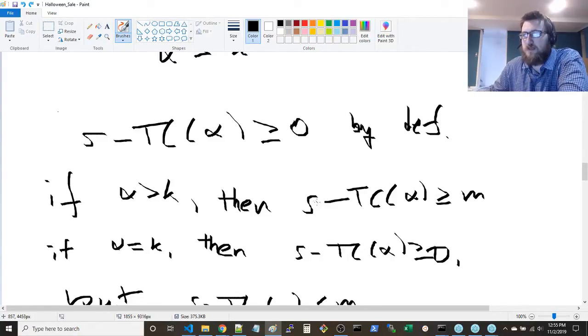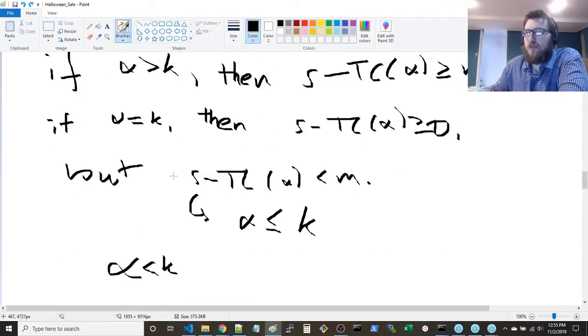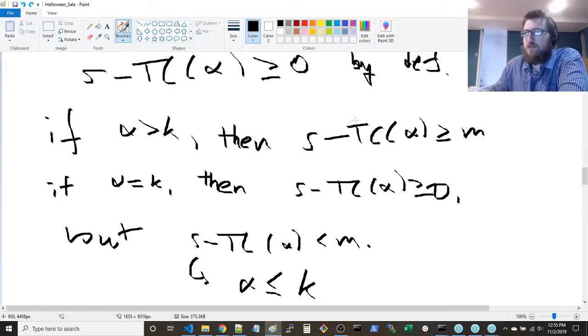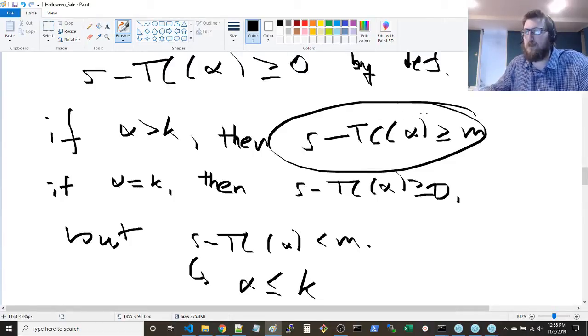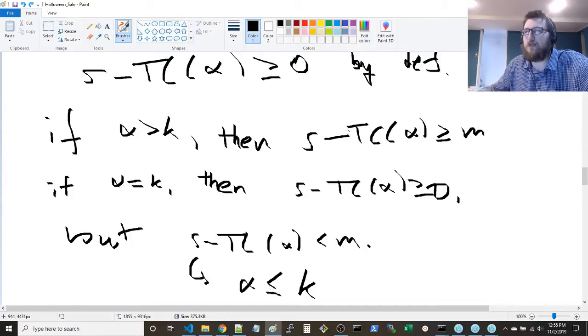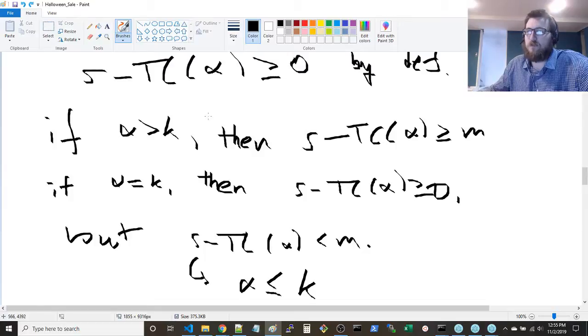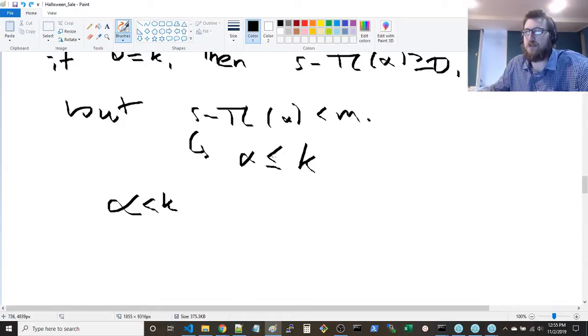There's got to be at least enough left over after you buy all of the descending portion of the sequence to buy another item. That's if you're greater than k. If we suppose the opposite of this, we have this logical connection. If this is not true, then we know that alpha is less than or equal to k.